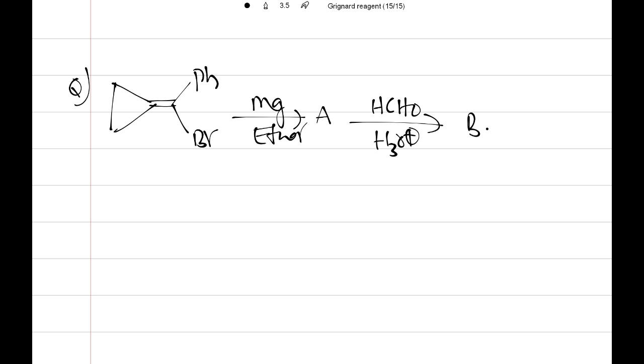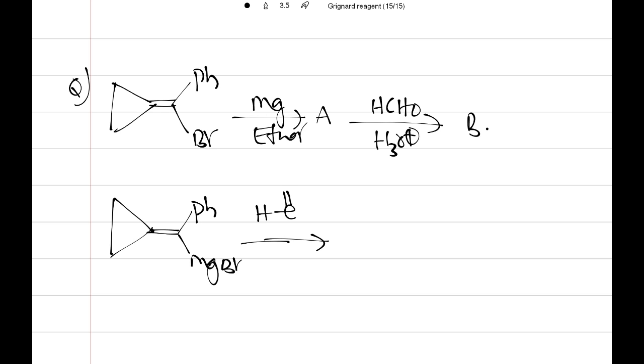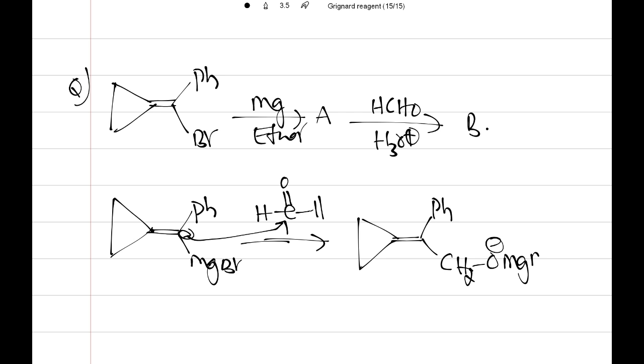If the very first step is magnesium insertion, that is nothing but the preparation of Grignard reagent. So Ph here, it is here MgBr. The very next step, this is attacked by the formaldehyde. Here it has a negative charge, it is attached to this one, and we can get this product: Ph, and here CH2O minus and MgBr.